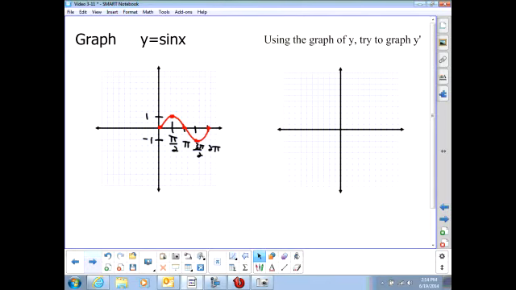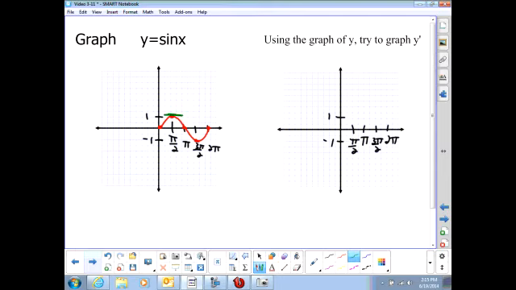Using this, we are going to try and graph what the derivative of sine would look like. So we'll start out, we'll just put our scale in place. And what we'll first do is we'll look and see where there are horizontal tangent lines.